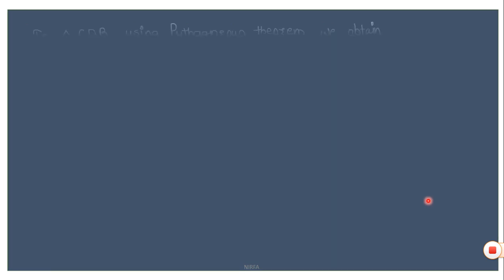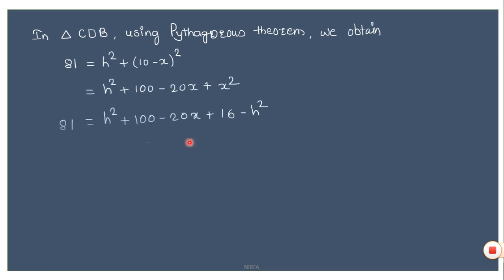Now, in the next part, using Pythagoras theorem in another right angle triangle CDB. The hypotenuse is 9, therefore its square 81 is equal to height h square plus the remaining side, 10 minus x, that is DB, squared. And if you use the identity here, you will get this type of expression.